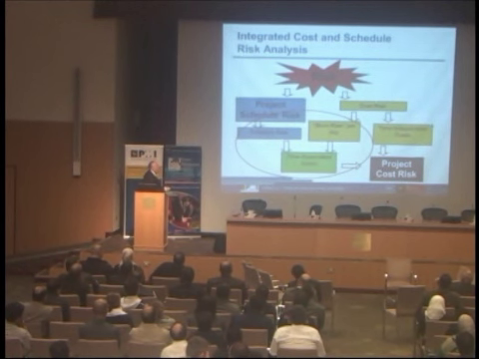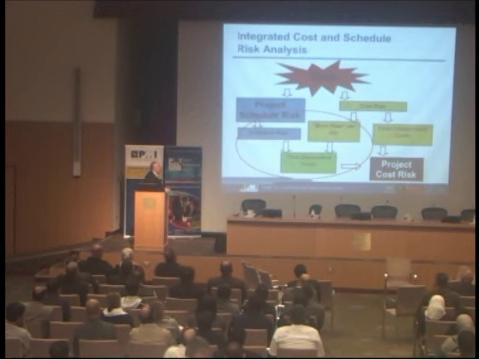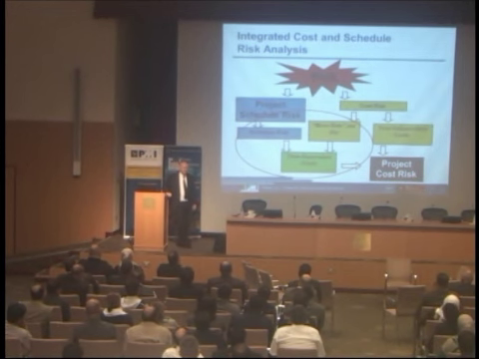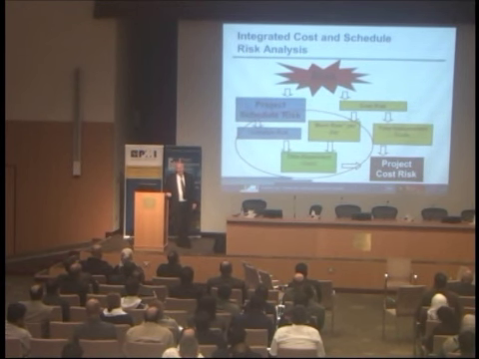And then there's cost risk. Well, cost risk is interesting because it has two fundamentally different components. One is time-independent costs, such as the cost of raw materials, the cost of procured equipment, where they may come in late or early, but that doesn't necessarily relate to how much they cost.